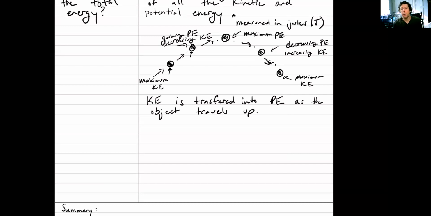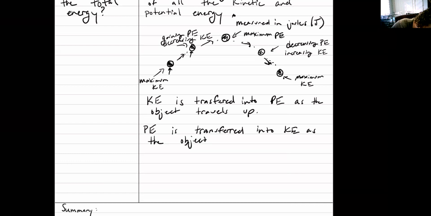You're losing your kinetic energy, or you're transferring it into potential as you travel up. On the way back down, it's the opposite. Potential energy is transferred into kinetic energy as the object travels down.